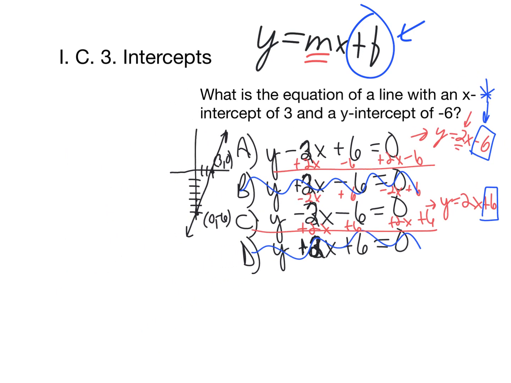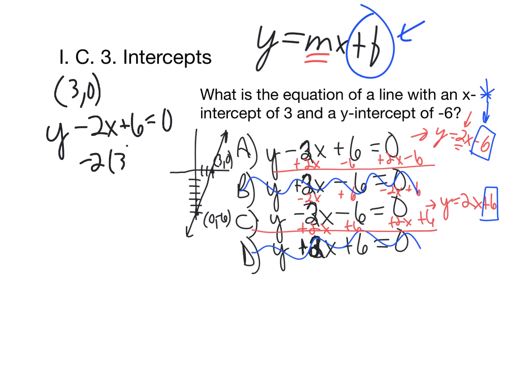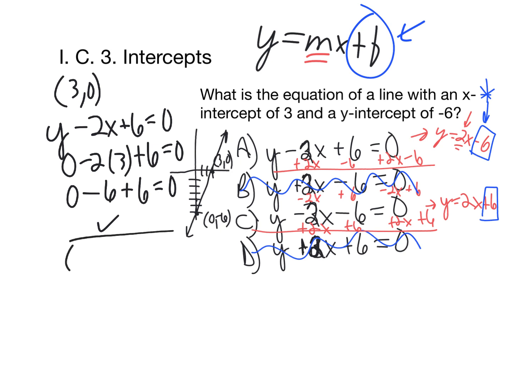What you could do otherwise is split things up and have people try these points. So you could try (3, 0) in this equation. Put a 3 in for x, put a 0 in for y, and see if that works or not. Okay, so that works. And then you could try it also for (0, -6).